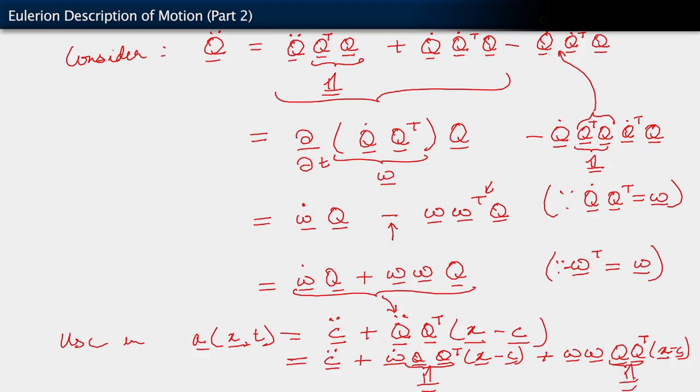So, putting all of this together, we are going to see that the Eulerian velocity can be written as C double dot plus omega dot x minus c plus omega x minus c.